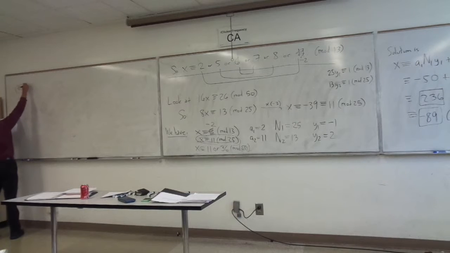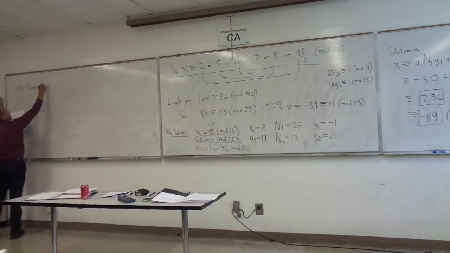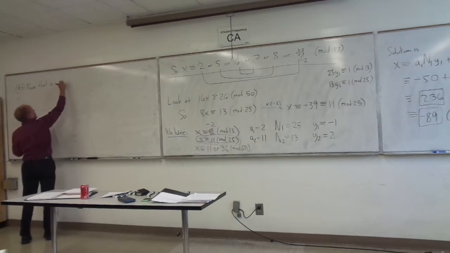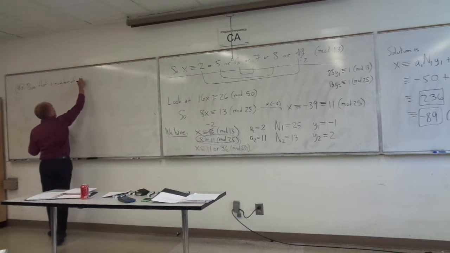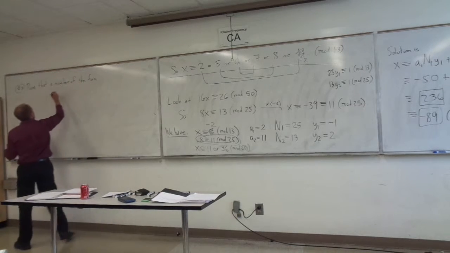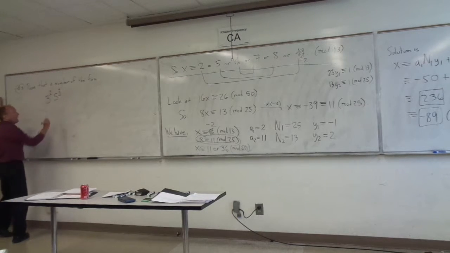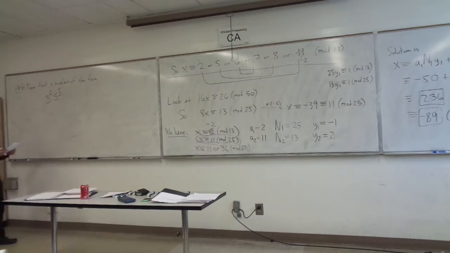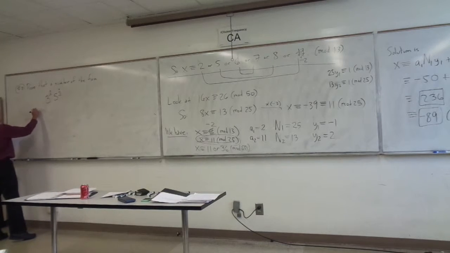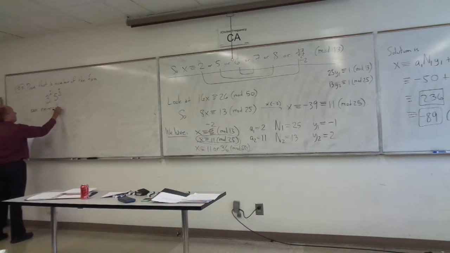Let's do this one next. Let's prove that a number of the form 3 to the i times 5 to the j can never be perfect.